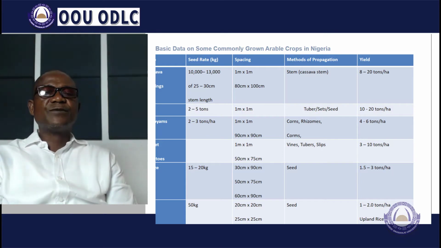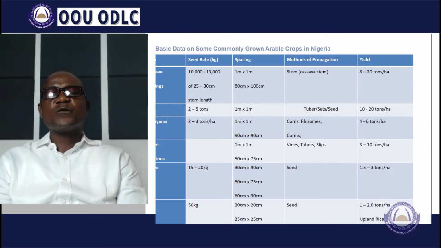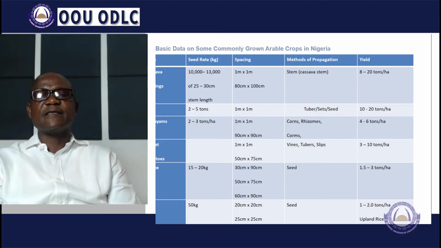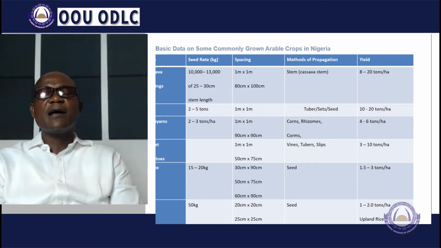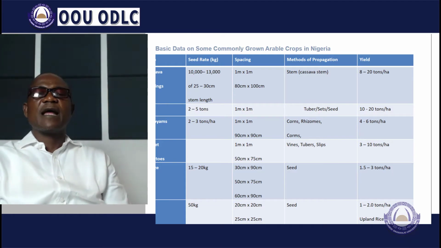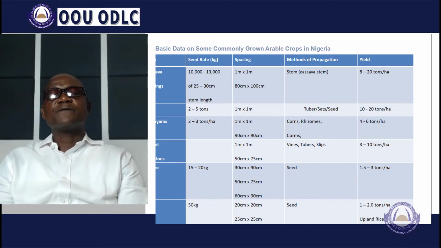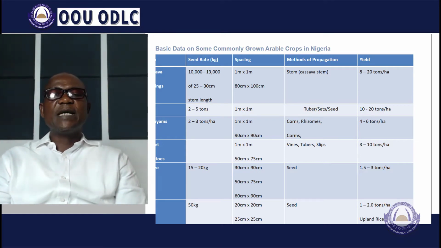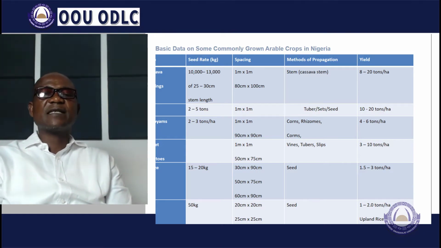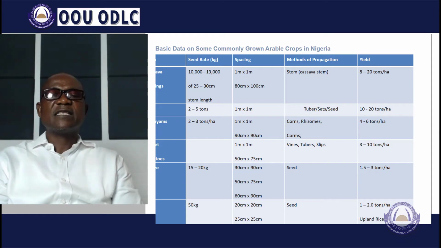Cassava. Seed rate is between 10,000 and 13,000 cuttings, stem cuttings of 25 to 30 centimeters in length. The spacing required is 1 meter by 1 meter for sole cassava, and for mixed cropping, it is between 80 centimeters and 180 centimeters by 100 centimeters.